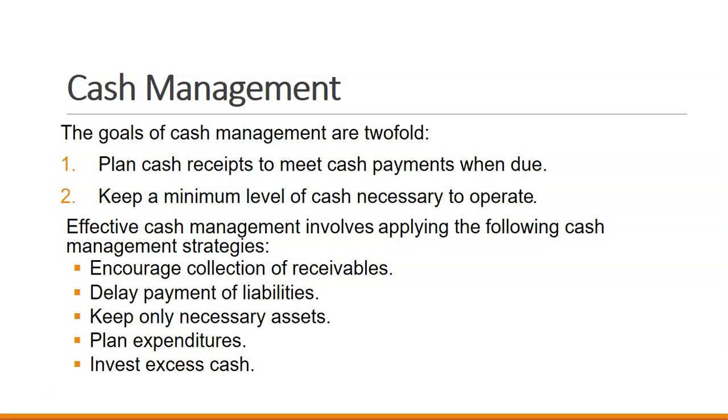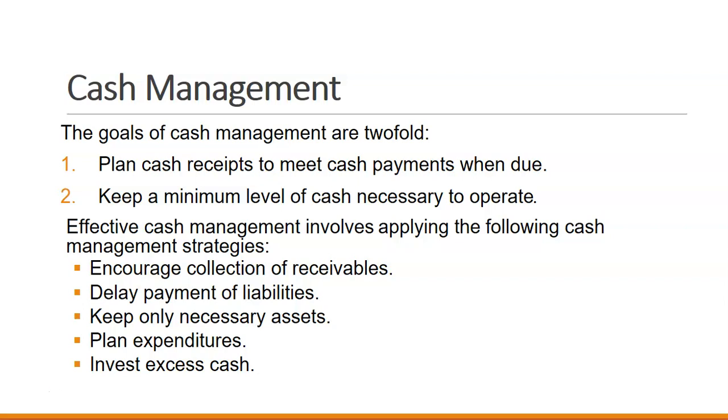So when we're looking at cash management strategies, this is how fast can we collect from our customers. So our collection of accounts receivable, which we're going to talk about extensively in Chapter 7. How can we encourage our customers to pay us faster? Then we have those credit terms like we talked about in Chapter 4, where we would do 2/10, n/30, where we encourage them to pay in 10 days.